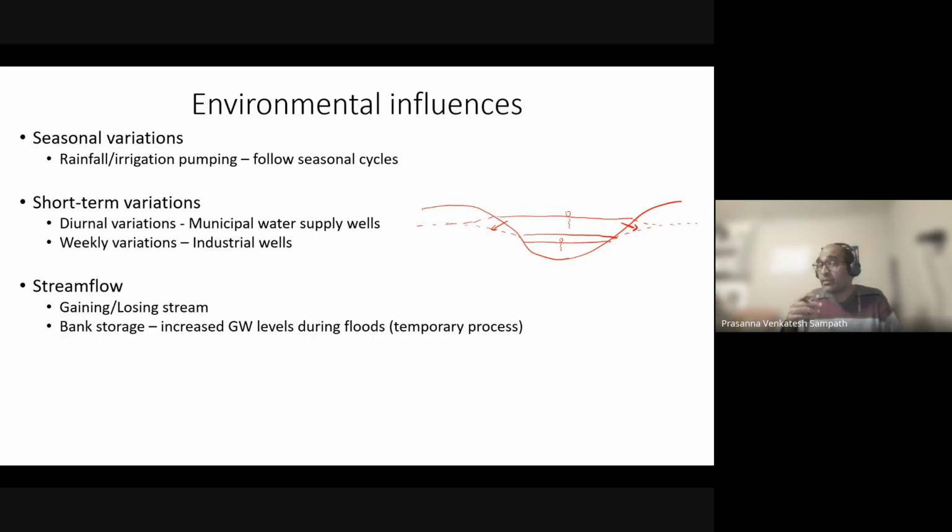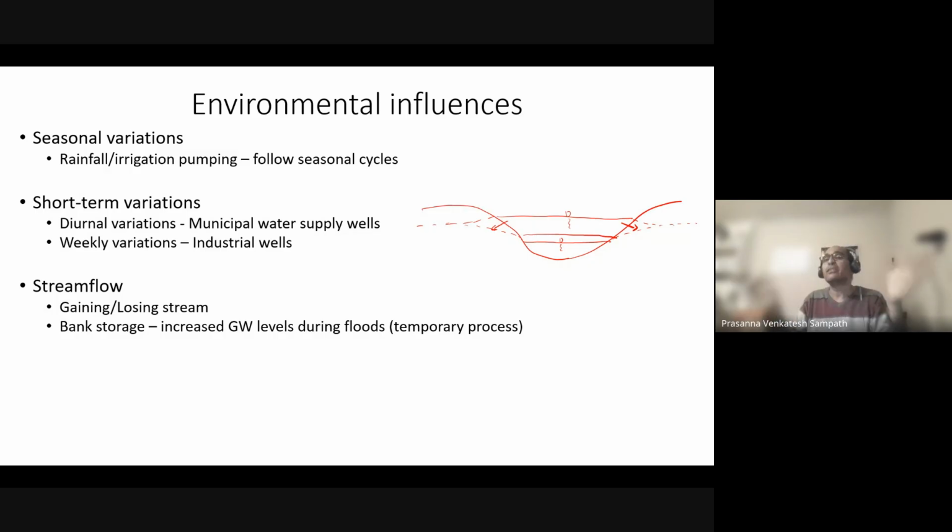Because of that storage of water, when the water level went up, some of the water was stored in the banks. Now that water again starts to slowly pour out, but not everything can come back into the river. So some bank storage is created in the region just adjacent to the river.